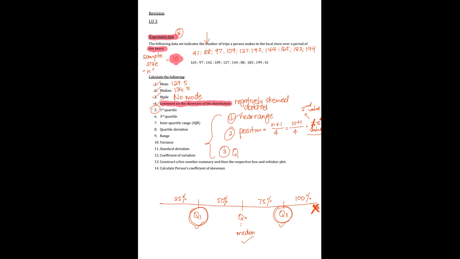That is 88 plus. And now you're going to work out the difference between 88 and the number after it. The number after it is 97. So 97 minus 88. And that's going to be multiplied by the remaining decimal from the calculation that you had left here. So that is 0.75. So multiply that by 0.75. And that gives you a final answer of 94.75.